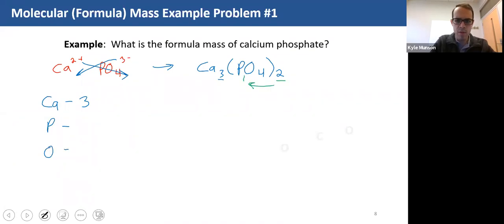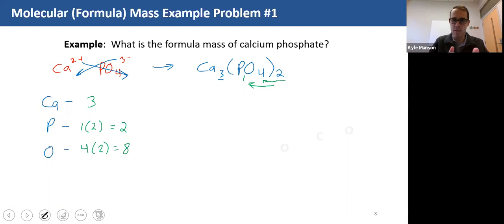So 1 times 2. And then for oxygen, I'm going to have 8, so that's 4 times 2, 8. Okay, so that's how many of each I have. Let me make these all the same color, because that's going to bother me. All right, so now we have written down how many of each we have.